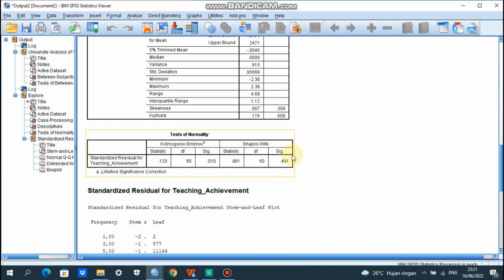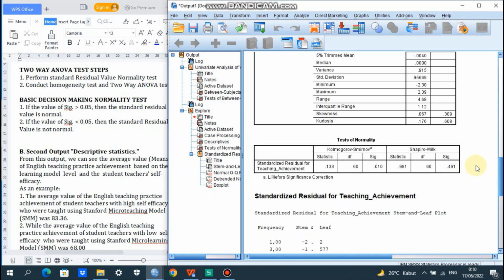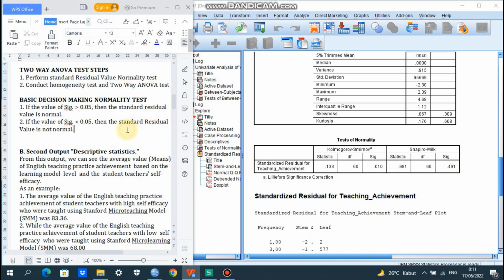Test of normality. Significance 0.491. So we can have a look at this one from the SPSS output for test of normality. The significance value is 0.491. We have a look at the basic decision for the normality test.